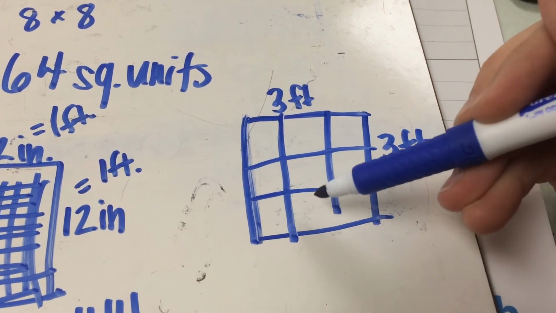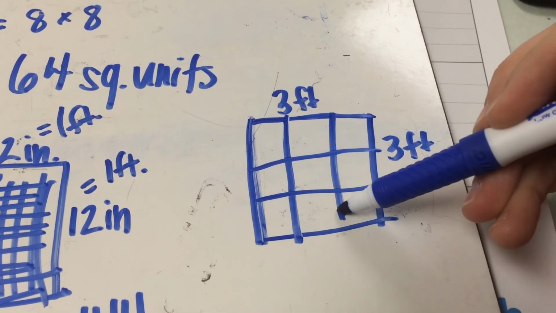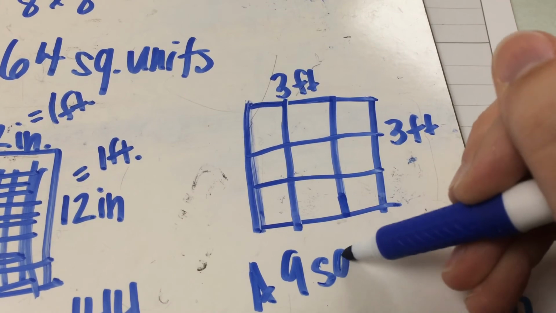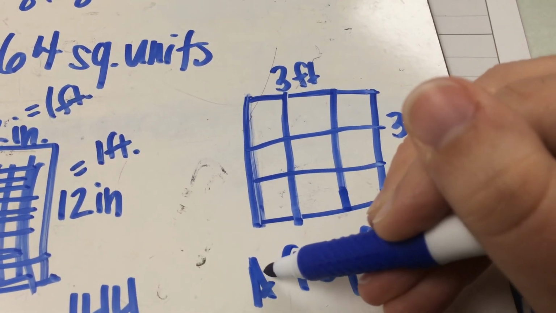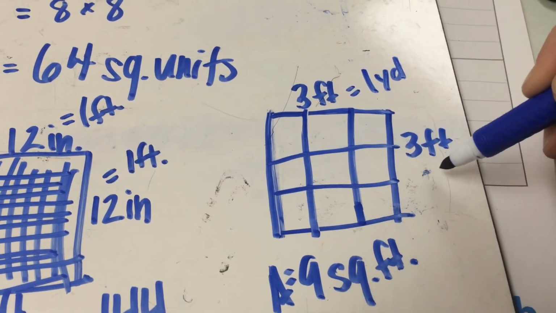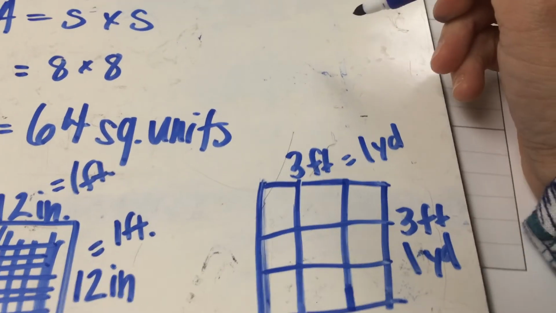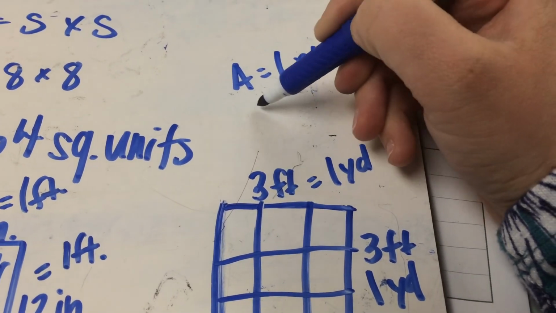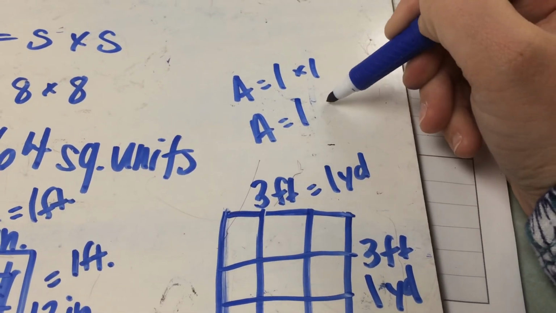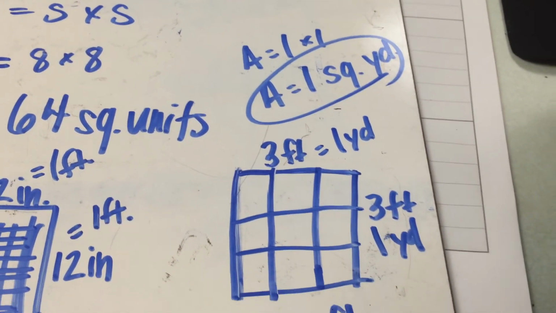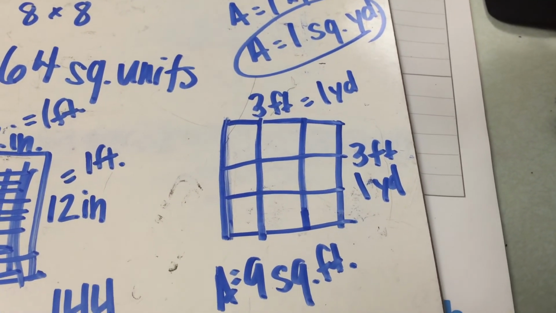We have 1, 2, 3, 4, 5, 6, 7, 8, 9. So this would be 9 square feet. But same thing, 3 feet equals what? 1 yard and 1 yard. So if we do this area formula with 1 yard times 1 yard, we get our area equals 1 square yard. So that's why those square measurements are the way they are, okay?